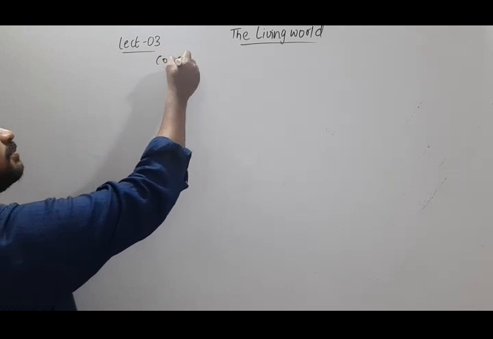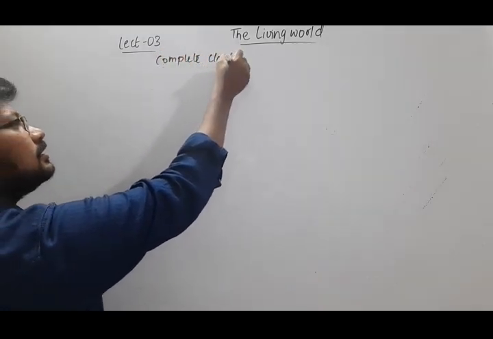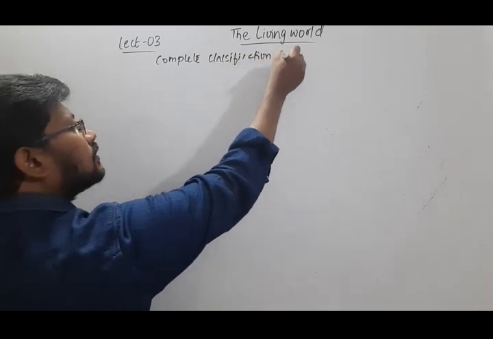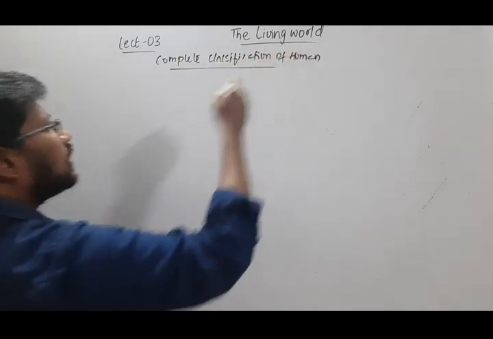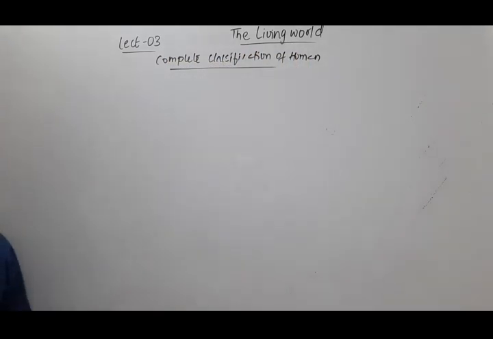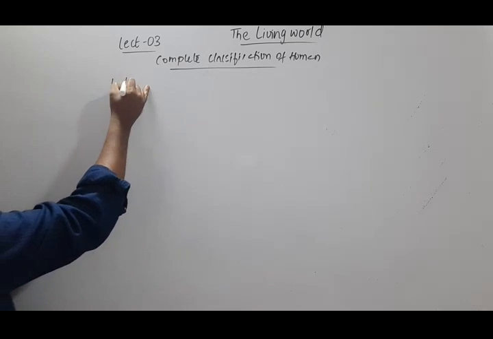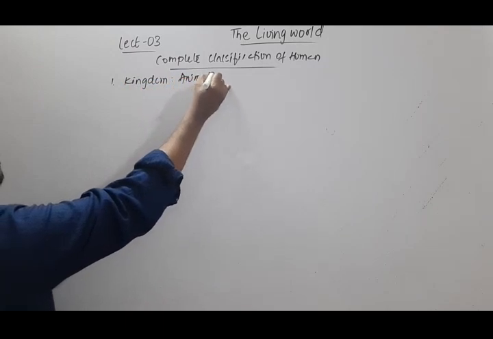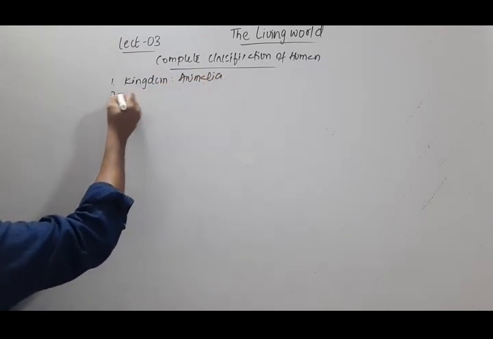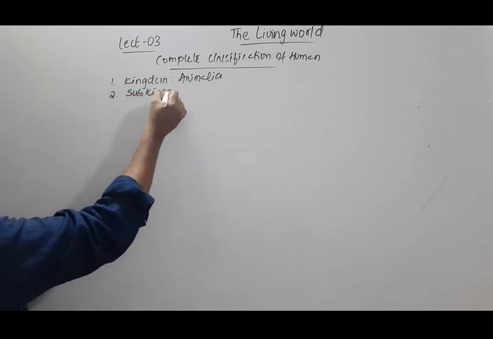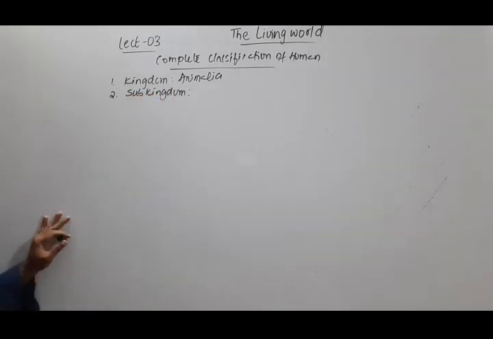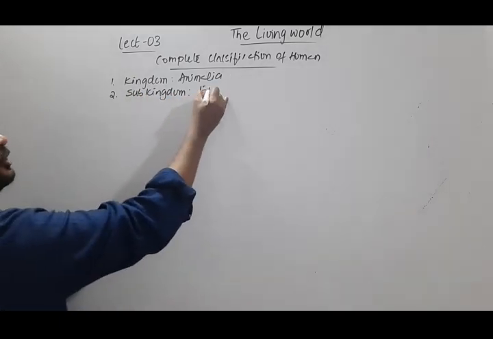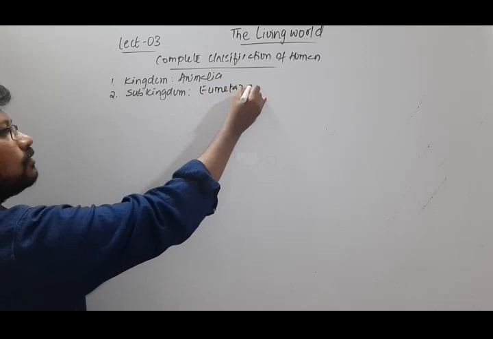So I'll mention here the complete classification of human. I'm not going to consider the domain at present, so we'll take only the seven obligate categories. The first one is kingdom Animalia, and then the next, subkingdom, which is a subcategory, is Eumetazoa.